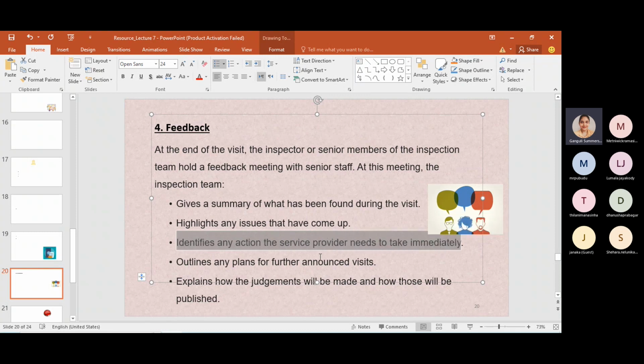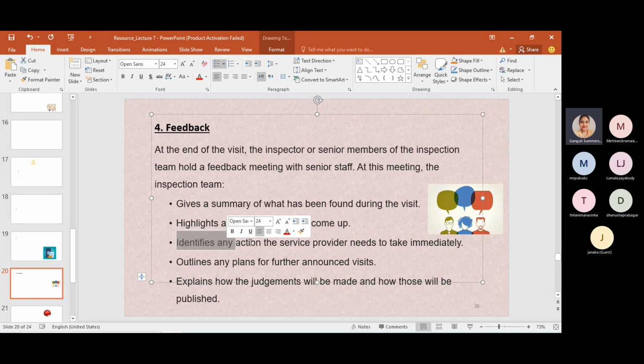So if there are any immediate actions that the service provider should take, these will also be communicated to the service provider, and the team outlines any plans for further announced visits.